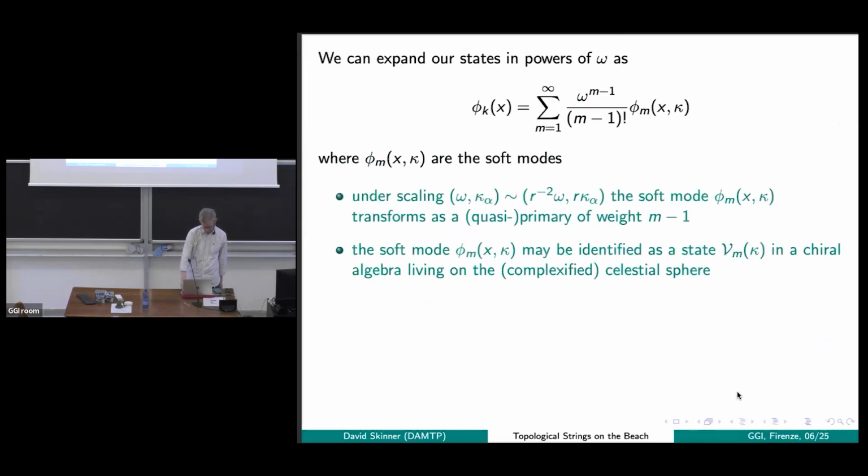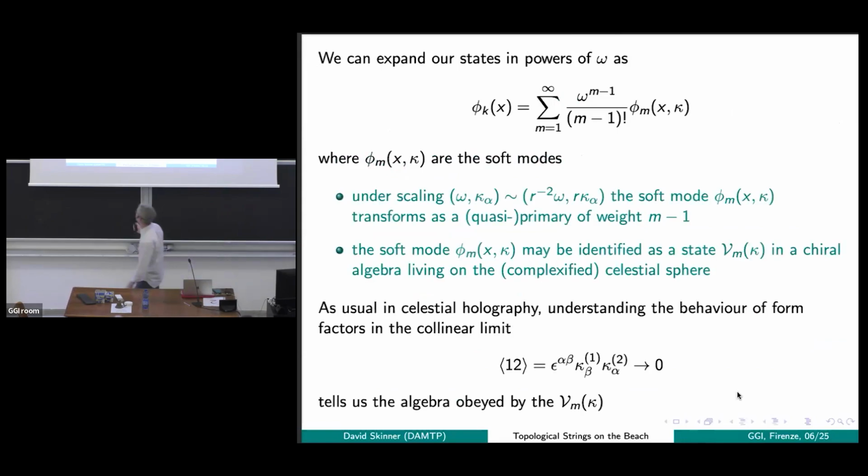Okay, so we expand the momentum eigenstate in these soft modes. The soft modes transform in some way under this rescaling, which is really telling me that they transform like a quasi-primary operator of weight m-1 on the celestial circle. And again, we can identify these as states in some sort of chiral algebra living on the celestial circle, or really its complexification, a Riemann sphere whose equator will be the celestial circle.